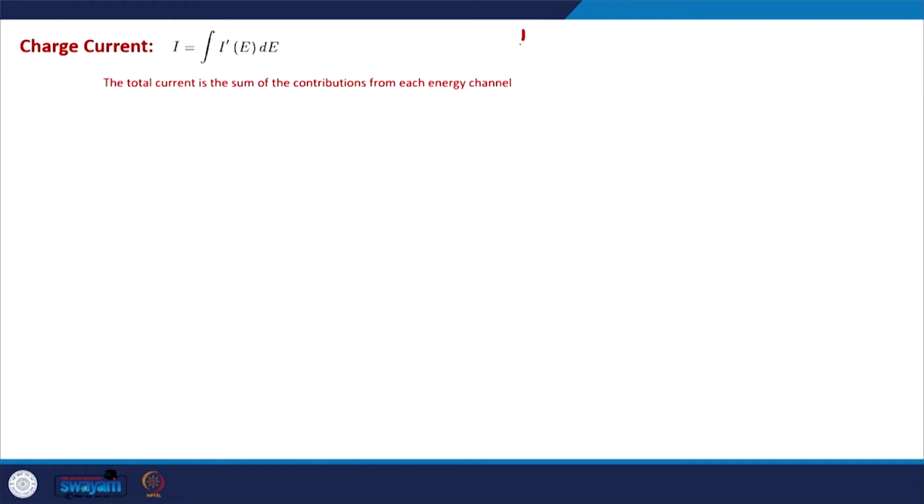Charge current I prime(E), which is the current at a certain energy E, is given by 2q by h times T(E) M(E) times (F1 minus F2).